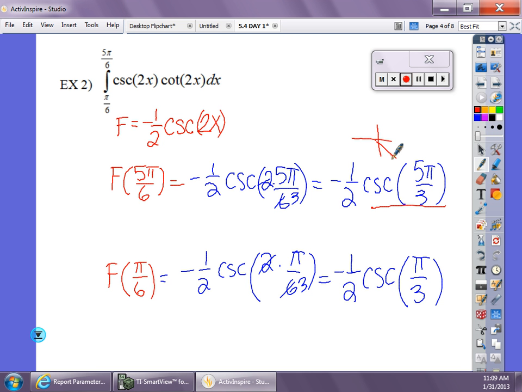Cosecant is the reciprocal of sine. So is the cosecant here positive or is it negative? It's the reciprocal of sine. So is the cosecant positive or negative in the 4th? It's negative. It has the same sign pattern as the sine function. Alright. This one, first quadrant, much easier.